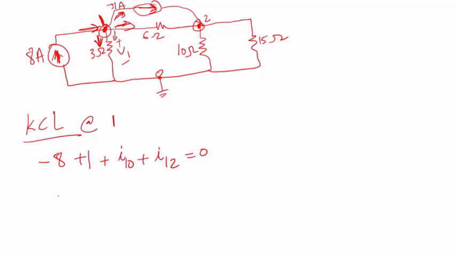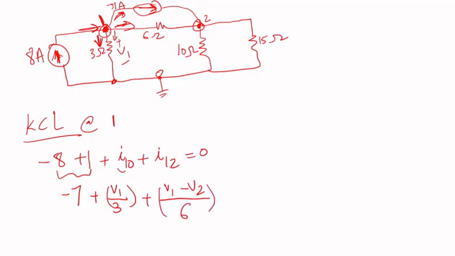So the sum is just negative 7 plus I10. I10 is from this point to this point, that's just plus V1 divided by 3 ohms. Ohm's law, basically. I12 is V1 minus V2 divided by 6 ohms.